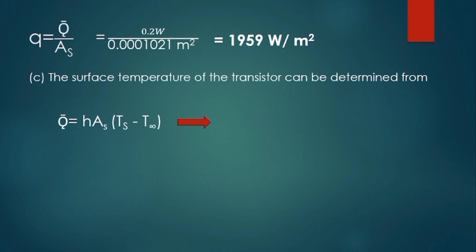So we're going to derive this equation to find the surface temperature. So this is the final equation. Temperature surface is equal to temperature of the fluid plus the power of the transistor over the convection and radiation heat transfer coefficient times the area of surface.